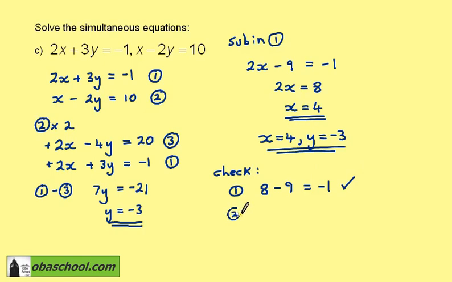In number 2, x is 4, take away 2 lots of minus 3, so take away minus 6. This becomes 4 plus 6, which is 10. This checks out as well, so we know we have the correct solution.